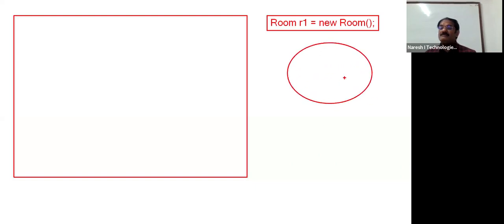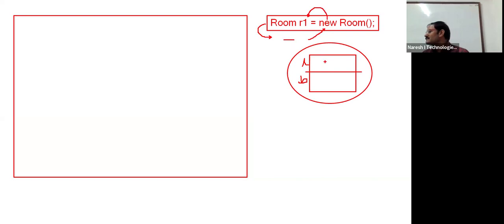Here, when the object is created with L and B, and by the time the reference is written and stored in R1, by the time control goes to the next line to access this object, it must have values. Are you following? What you did previously, you created this object with the default values 0.0 and 0.0.